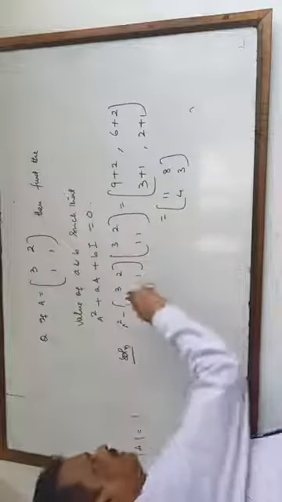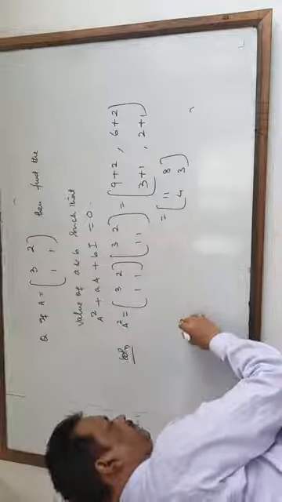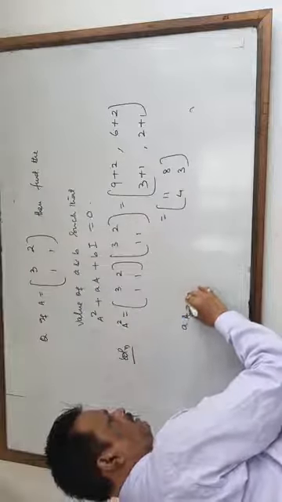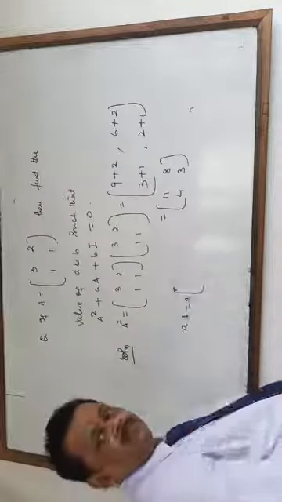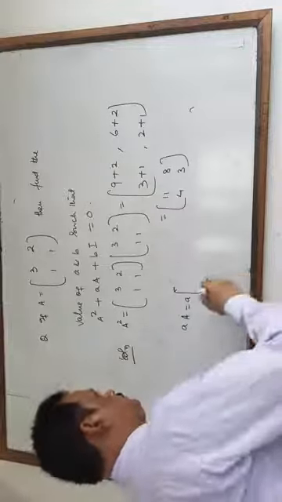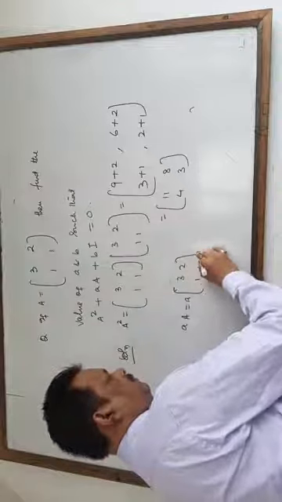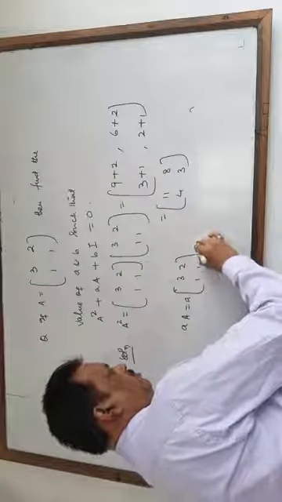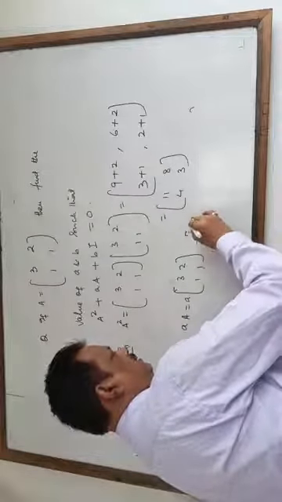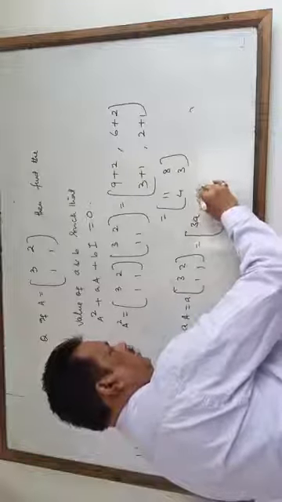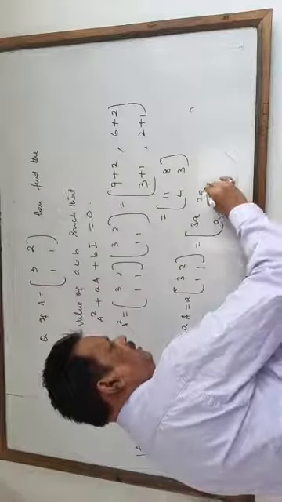Okay, let's find what is A. A means a times 3 2 1 1. So you have to multiply 3a, 2a, and a.